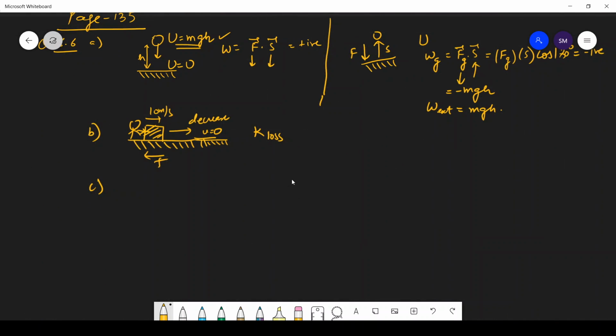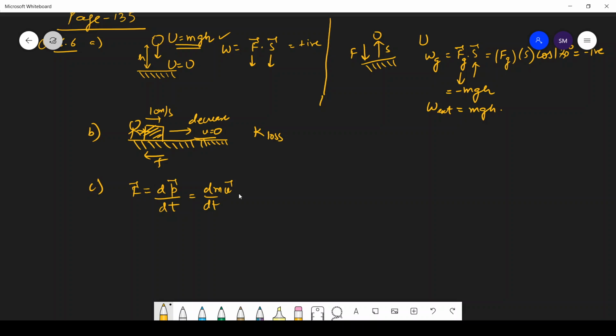Next part. The rate of change of total momentum of a many particle system is proportional to the external force or sum of internal force of the system. The rate of change of momentum, so what is F? Newton's second law. F is equal to dp by dt, and that is equal to d by dt of mv.